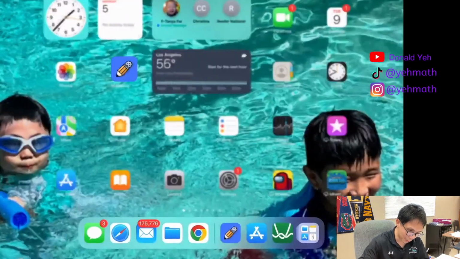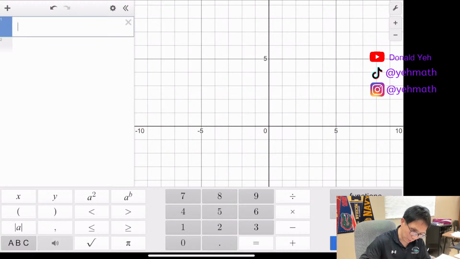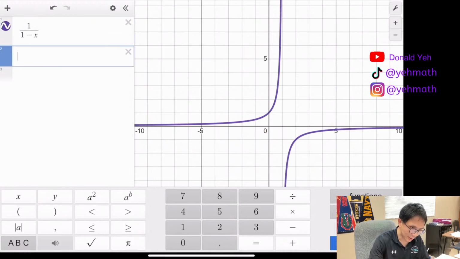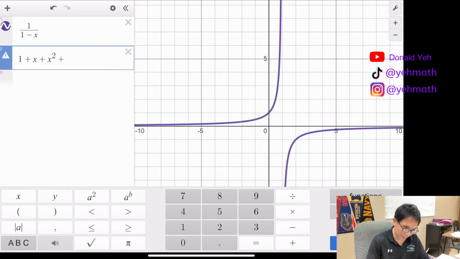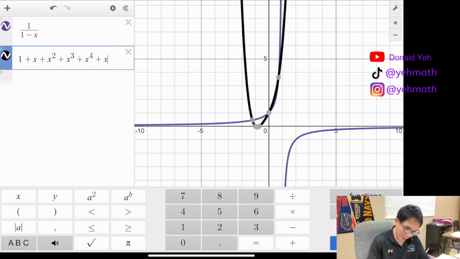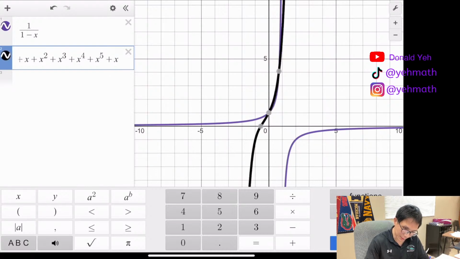We say this is actually a true representation, because 1 over 1 minus x, this function, is equal to 1 plus x plus x squared plus x to the 3rd plus x to the 4th plus x to the 5th, up to x to the 10th, and we're just going to stop here.